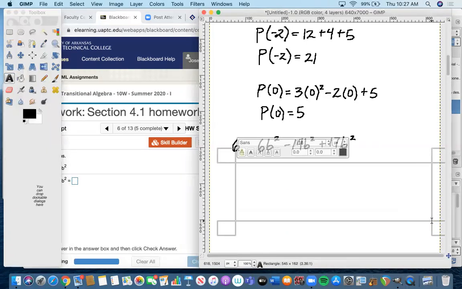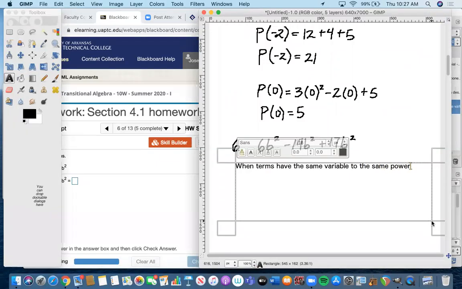The rule is, when terms have the same variable to the same power, like what we have here with the b squared, you can add or subtract, because sometimes it's going to be subtraction, the coefficients of those terms, combining terms to make a single term.